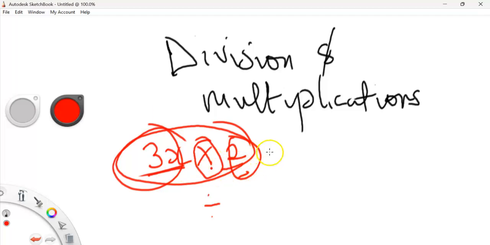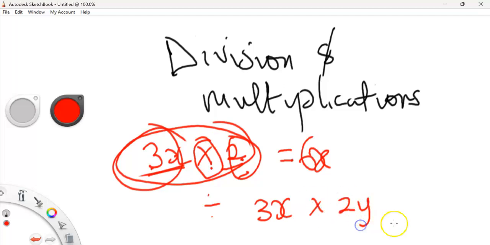3x times 2, once they do so, you realize that we multiply the numeric values here, you get 6. You still have your x. Do you understand now? Okay, then if you have something like 3x times 2y, in such a situation, you see that they don't have like letters. But notwithstanding that, the rule of thumb here is that 3 must multiply 2 to give you 6.